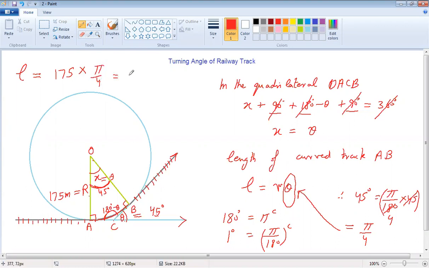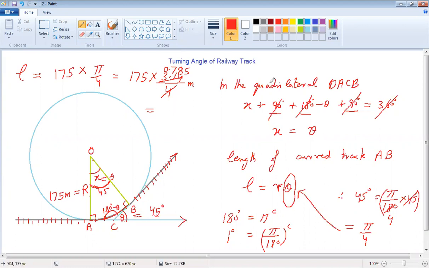So putting the value of pi as 3.14, dividing by 4, so this much fraction we have to multiply by 175 and answer will be in the meter.